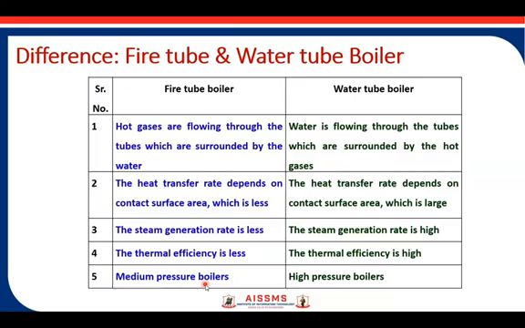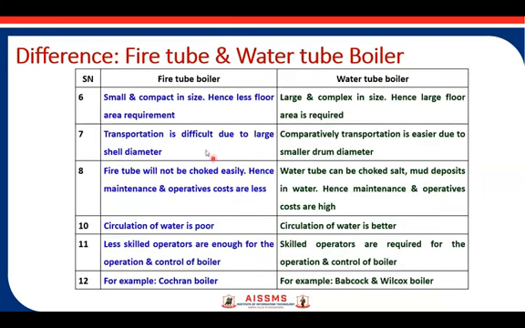Fire tube boilers are used for medium pressure applications, whereas water tube boilers can be used for high pressure applications. The size of the fire tube boiler is small and it requires less floor space, whereas water tube boilers are large and complex and require more space. Transportation of fire tube boiler is difficult due to large shell diameter.